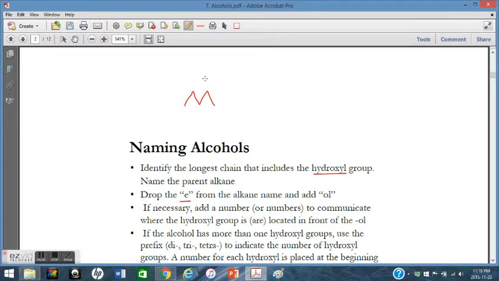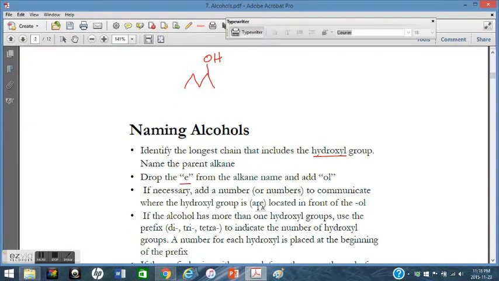Let me just show here. Right, so here we have 1, 2, 3, 4, 5 carbons. This OH is attached to the number 2 carbon. We drop the E and we add the letters OL. If necessary, add a number or numbers to communicate where the hydroxyl group is, or if there's more than one, where they are located in front of the ol.